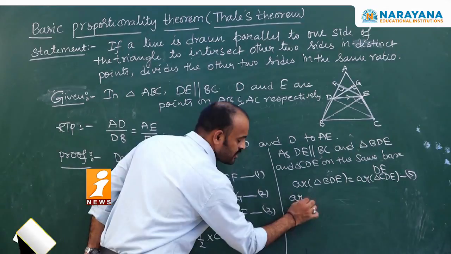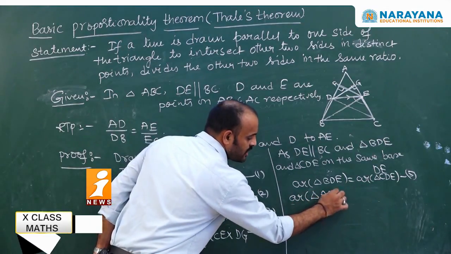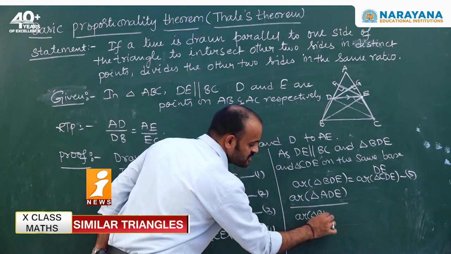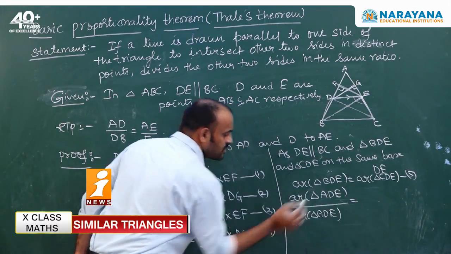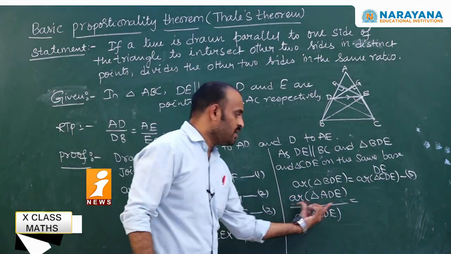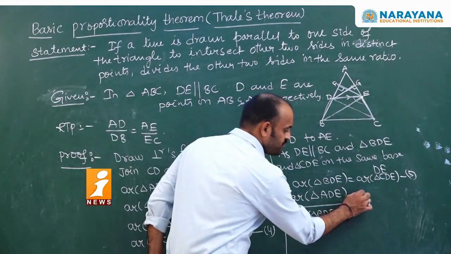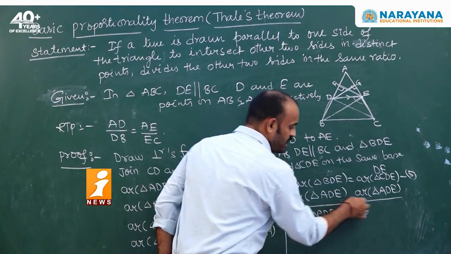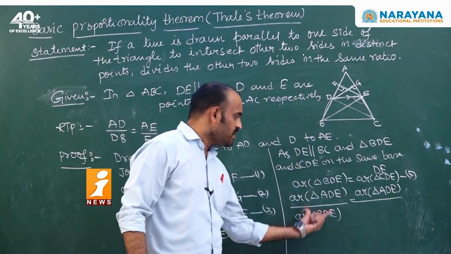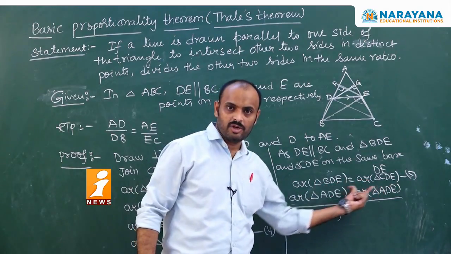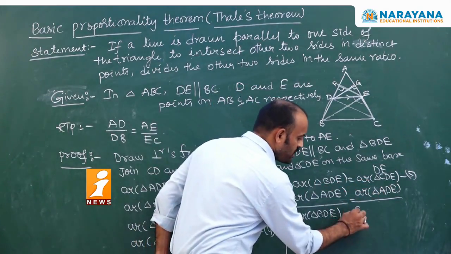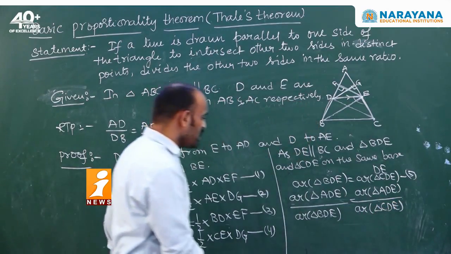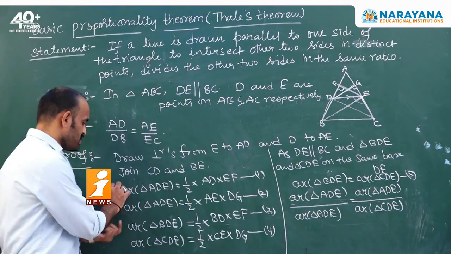Area of triangle ADE by area of triangle BDE, if I consider. Instead of area of triangle BDE, shall I write area of triangle CDE? Because just now we have proved they are equal. What is area of triangle ADE from the first one?